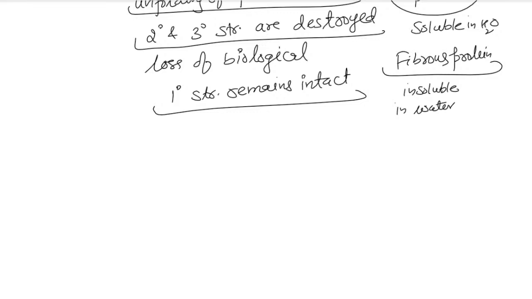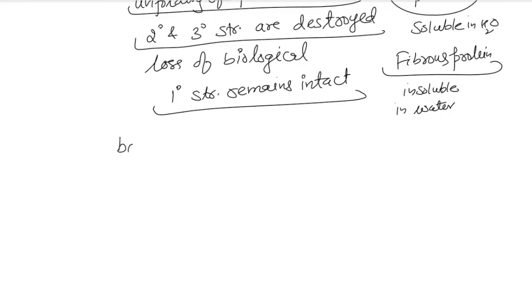Most common example is coagulation of albumin present in the white of an egg. When an egg is boiled, the soluble globular protein present in it is denatured and is converted into insoluble fibrous protein. Another simple example is curdling of milk.